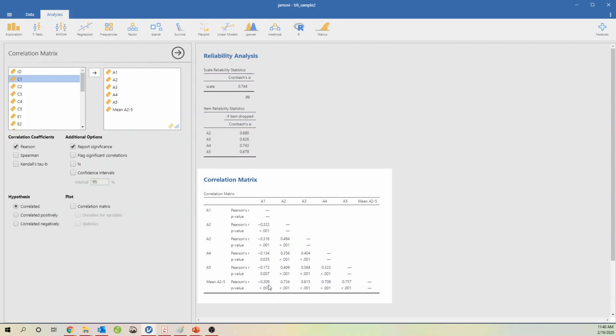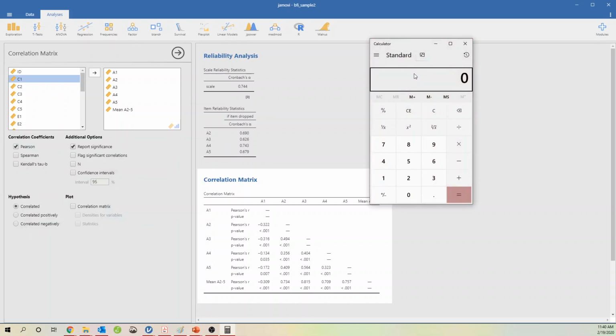A1 correlates negatively and not very strongly, and all the other ones correlate positively and pretty strongly. And so if you average these guys together, let's do a quick calculator. Let's see, averaging together the R's for each one of these correlations for the items compared to the mean item.